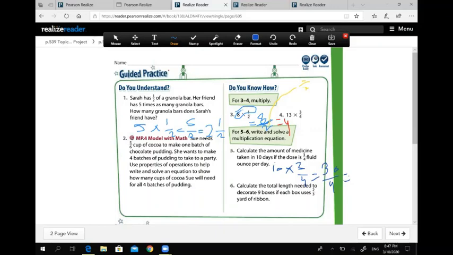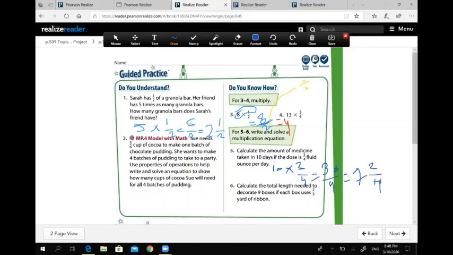How many 4s give me 30 or less? 4 times 5, 20. I need more. 4 times 7, 28. 4 times 8, 32, but I don't want 32. I want 30 or less. So 4 times 7 is the best. 7 will give me 28, so I will still have 2 more. So I will still have 2 over 4.